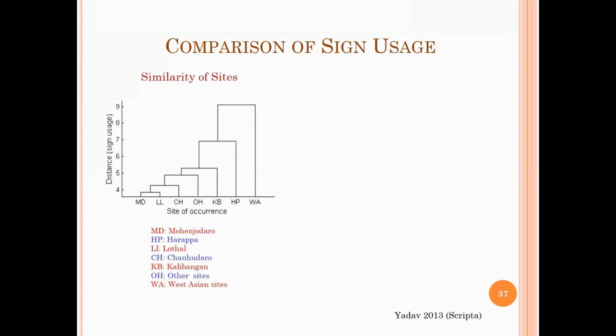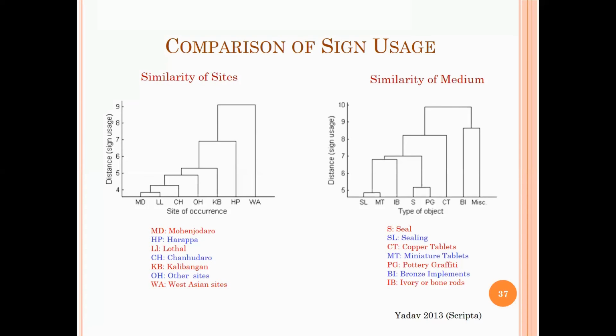If we take a look at the similar plot for the object types, here we have the type of object on the x-axis. SL is sealing, then miniature tablet, ivory or bronze implement, seal, pottery graffiti, copper tablets. These are ivory or bone rods, these are bronze implements, and so on.